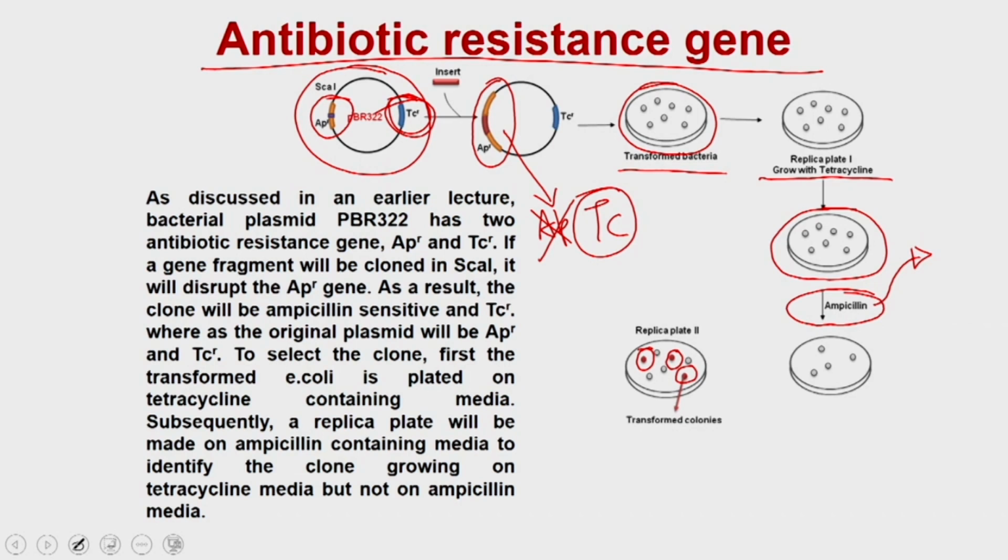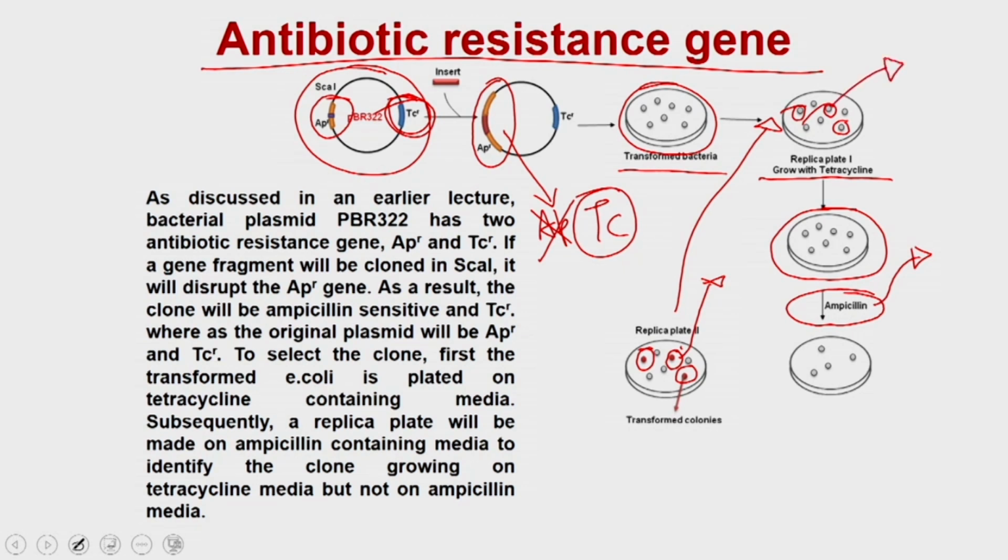So, these are the colonies which actually received the recombinant DNA, and now you can go to the original master plate and extract them. You can take out these colonies and use them for downstream applications.